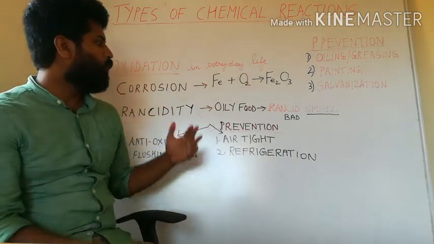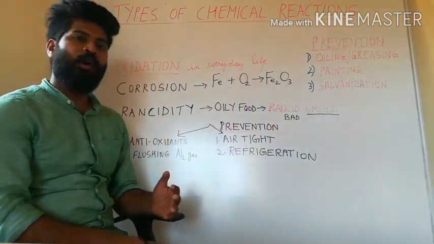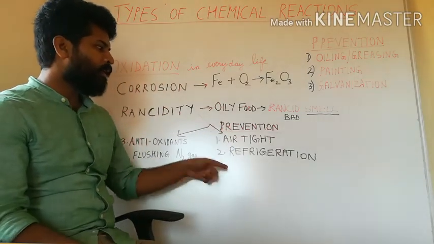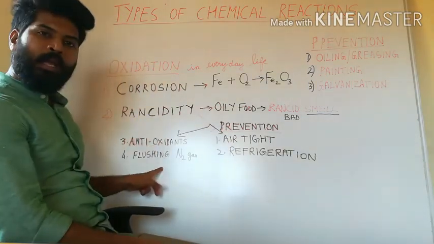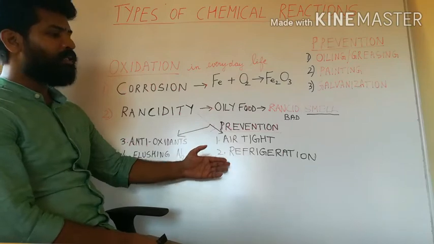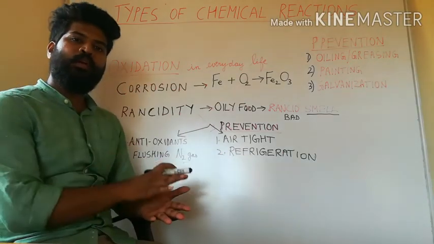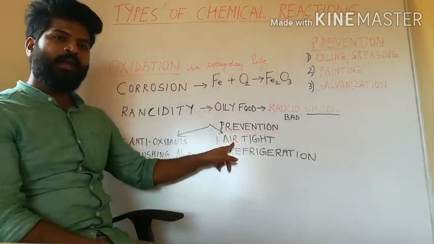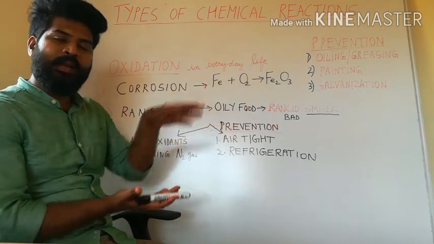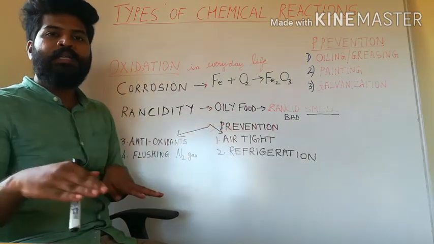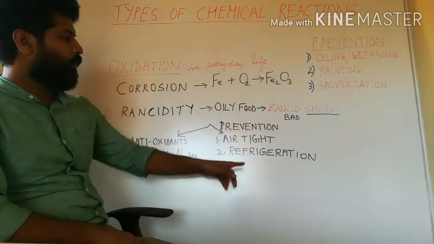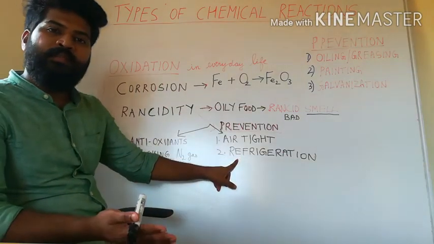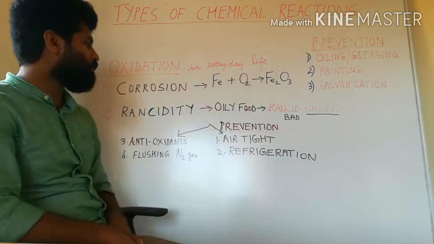So, what can we do to prevent rancidity? We can go either for physical techniques or chemical techniques. In physical techniques, it's very simple. Keep the food closed inside an airtight container so that air does not enter, thereby cutting the supply of oxygen. We can also go for refrigeration, which will also prevent oxidation.